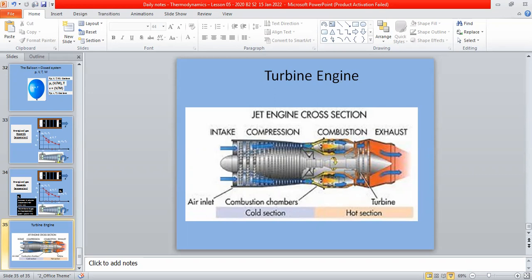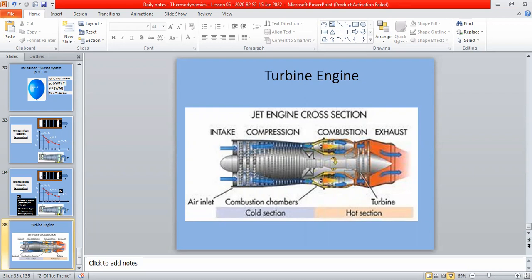So energized gas passes through the turbine. Partly because the turbine generates some work, the rest passes through the nozzle as a jet stream.